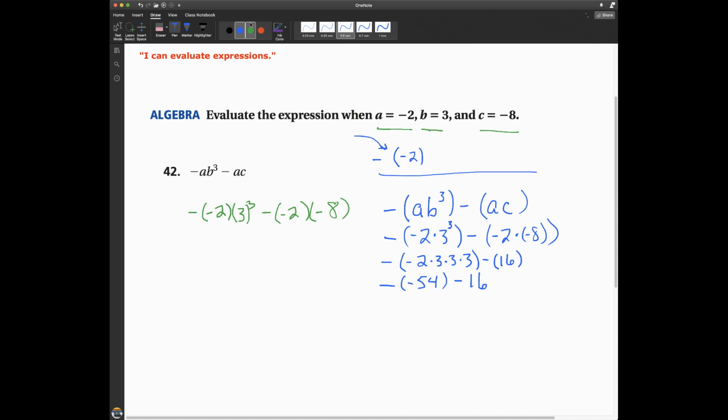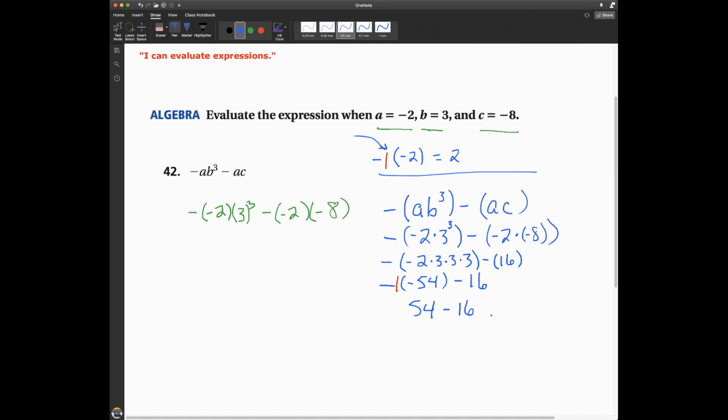That number is a 1. Now this problem is negative 1 times negative 2, and what happens is, same sign, I get a positive answer. So this is my magic 1. I can put it in here. So I have negative 1 times negative 54, and that equals 54. So I have 54 minus 16.